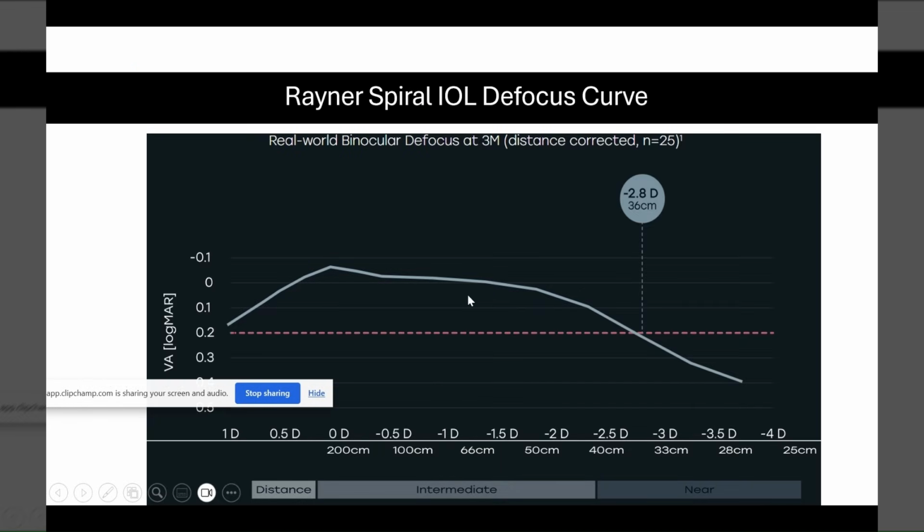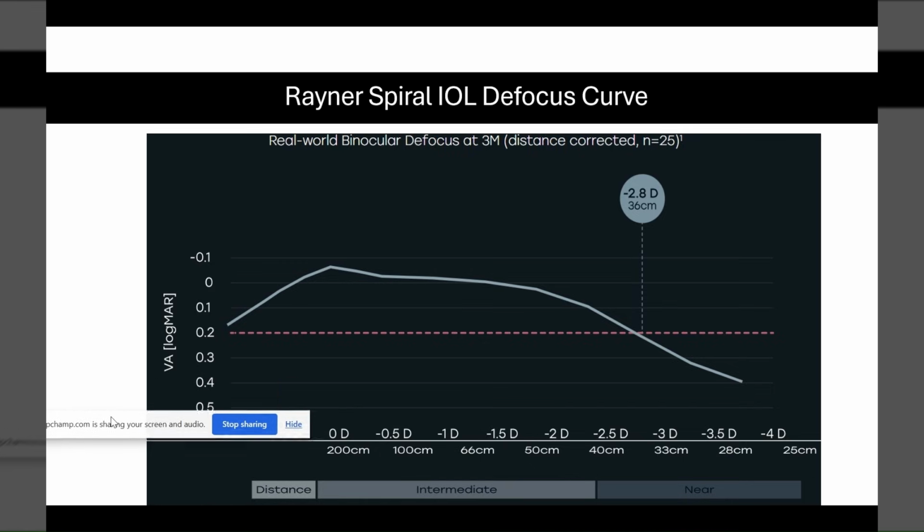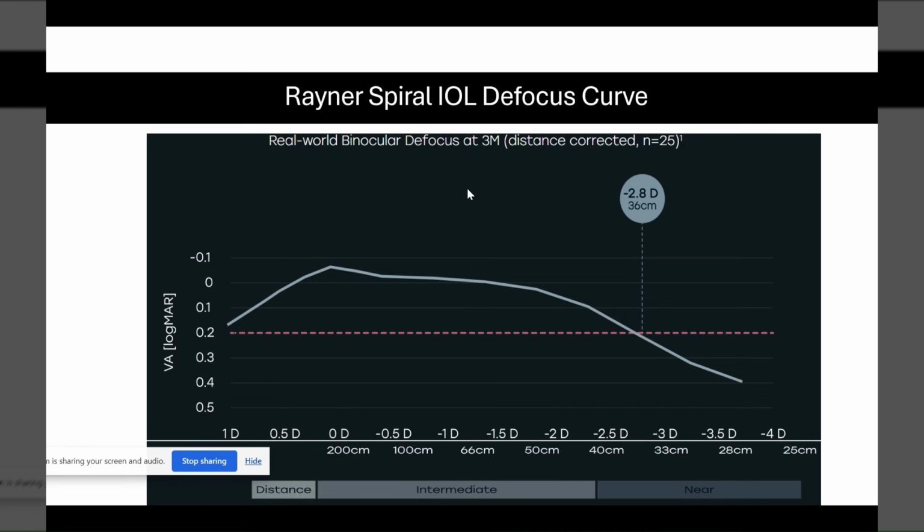If you go into the website of the Rayner lens, you will find that they have provided a defocus curve, and in that defocus curve of a small number of patients, like 25 patients, you see the best corrected vision, and it maintains the patient's vision at far and intermediate, around 6 by 6. So that's how they fill it up here.